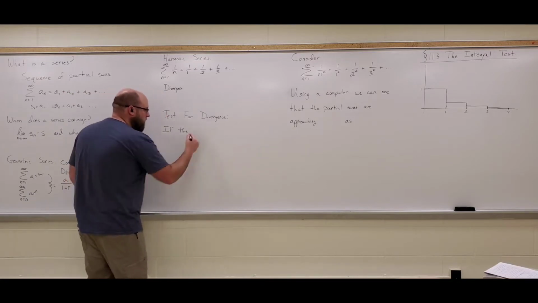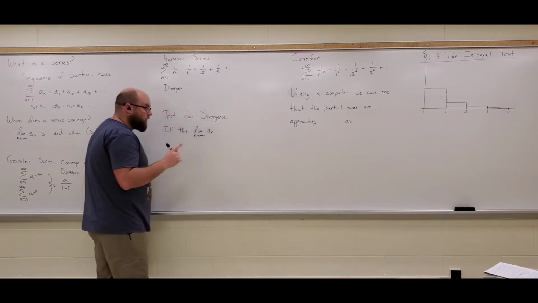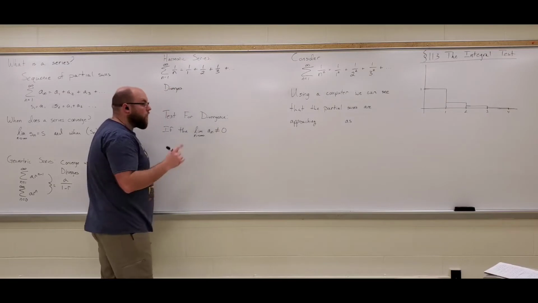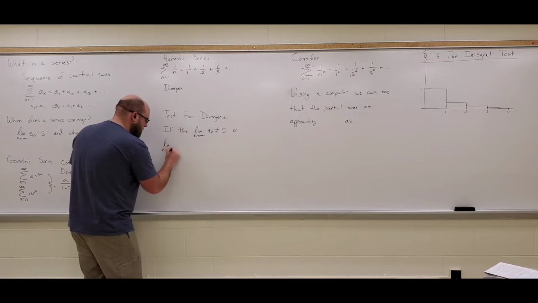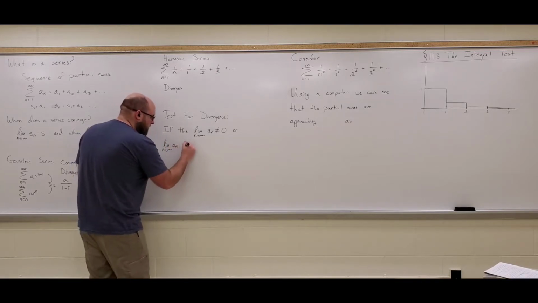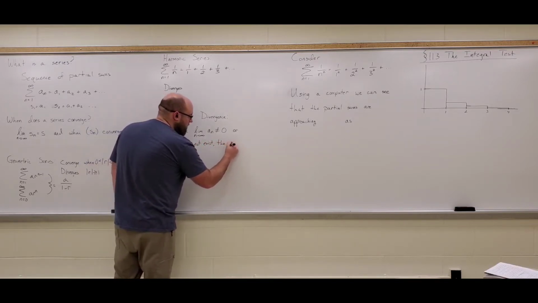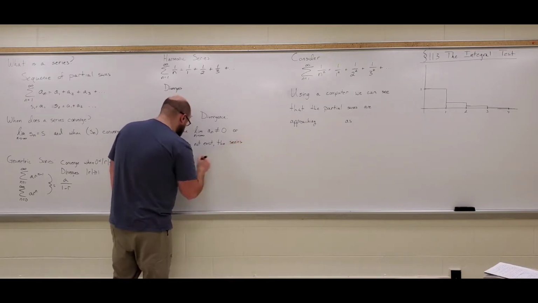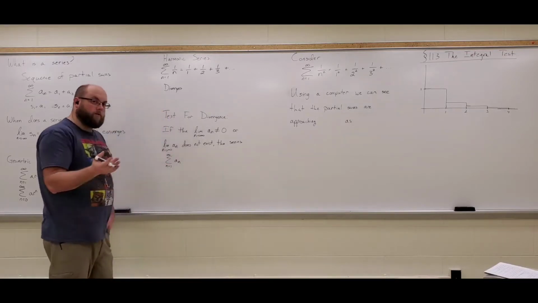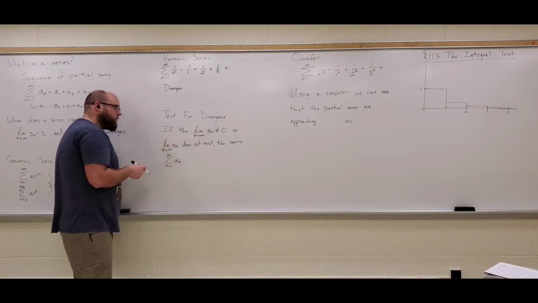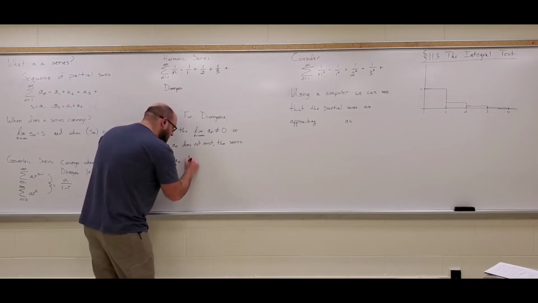If the limit as n approaches infinity of a sub n does not equal 0, or the limit of a sub n as n approaches infinity does not exist, then the series, the summation of a sub n from 1 to infinity, which can go from 0 to infinity as well, diverges.